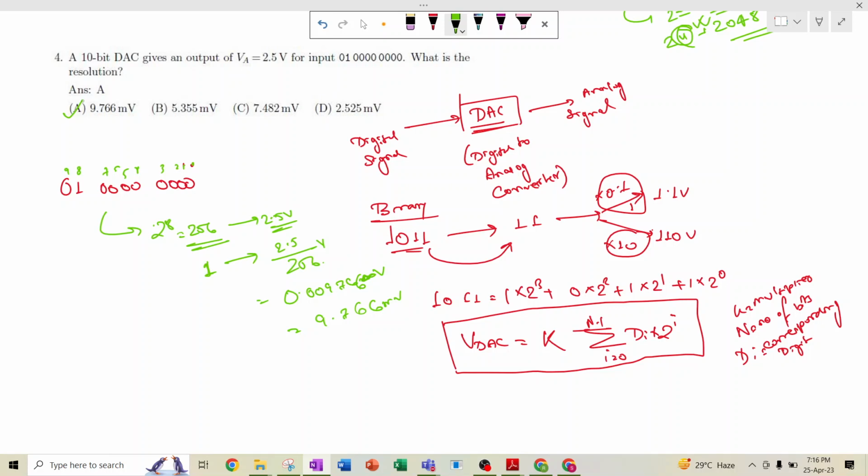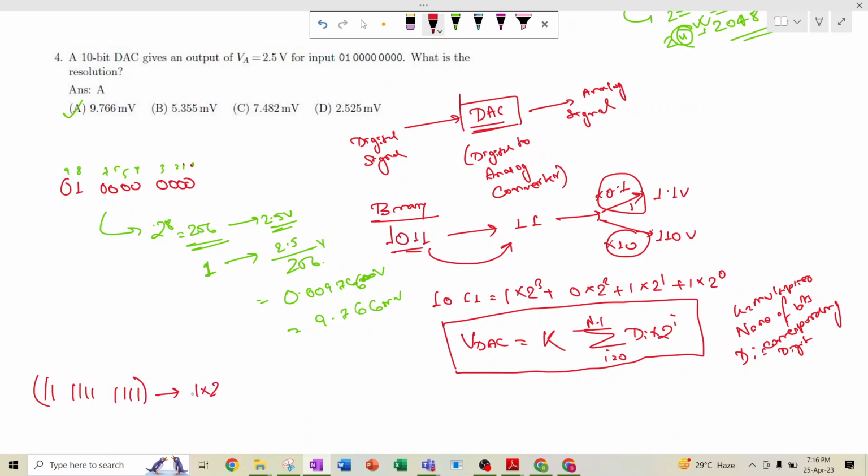So you understood how we have determined this. One more way you can solve: suppose all the digital bits are 1, so 11 1111 1111. Now what is the corresponding decimal value?